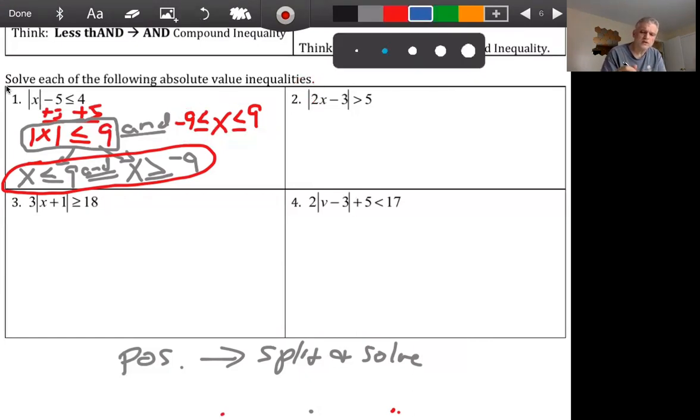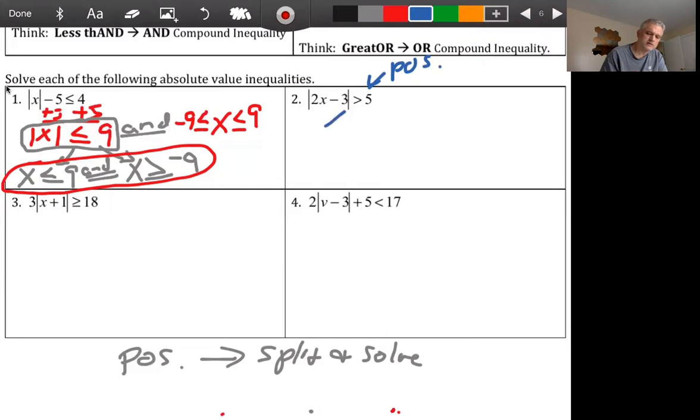Question 2, the sticks are already isolated. It's on the left side of the inequality. On the right side is a positive number. So because it's positive, we're going to split. So we can do a little solving here. So 2x minus 3, what's inside? Okay, notice we dropped the sticks and we're going to bring down the greater than 5.